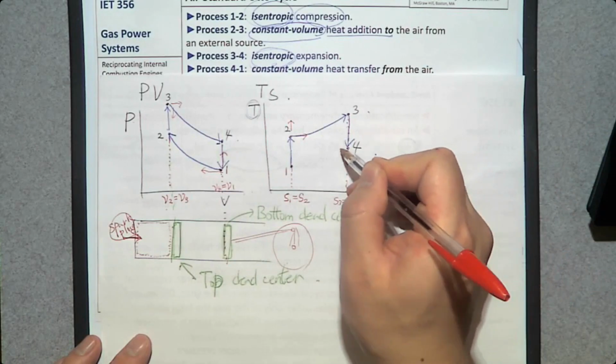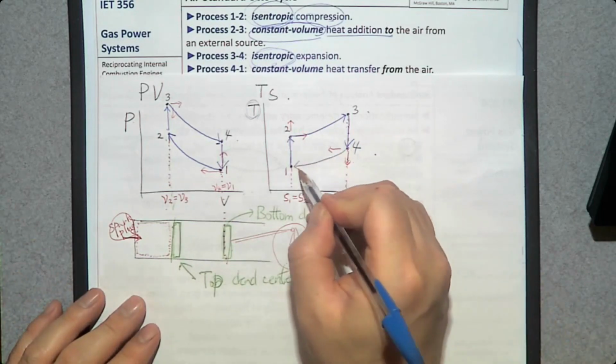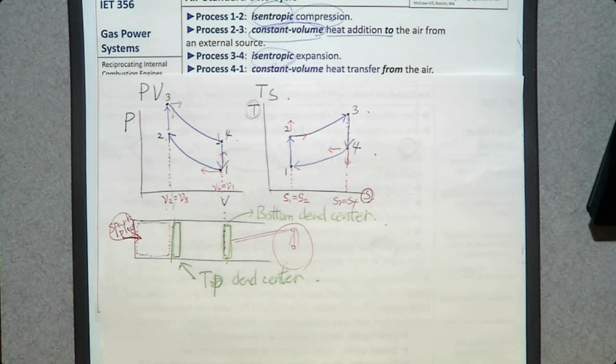And entropy goes down because heat is a waste form of energy. So you are removing waste from the system. Therefore, entropy goes down. Again, waste goes up, entropy goes up. Waste goes down, entropy goes down, right? So this way it completes the Otto cycle, okay?